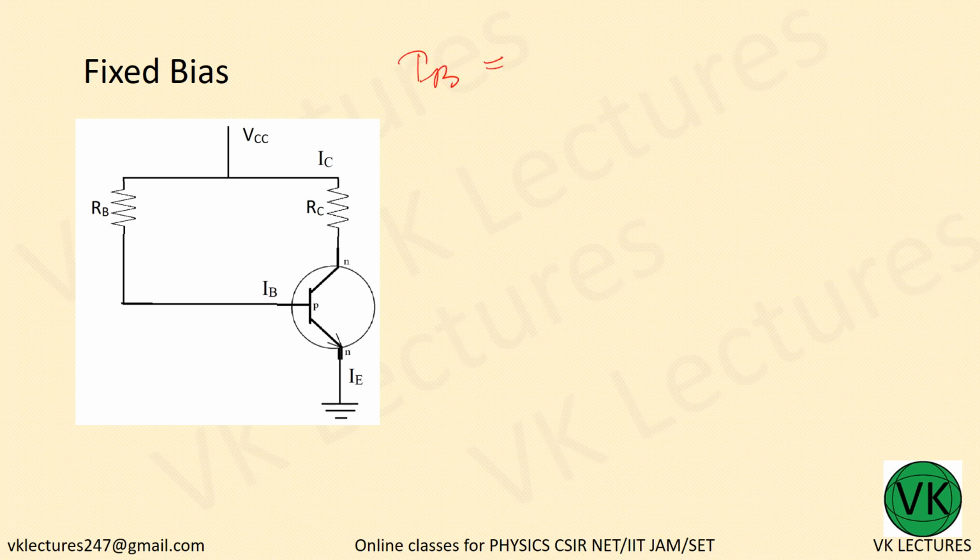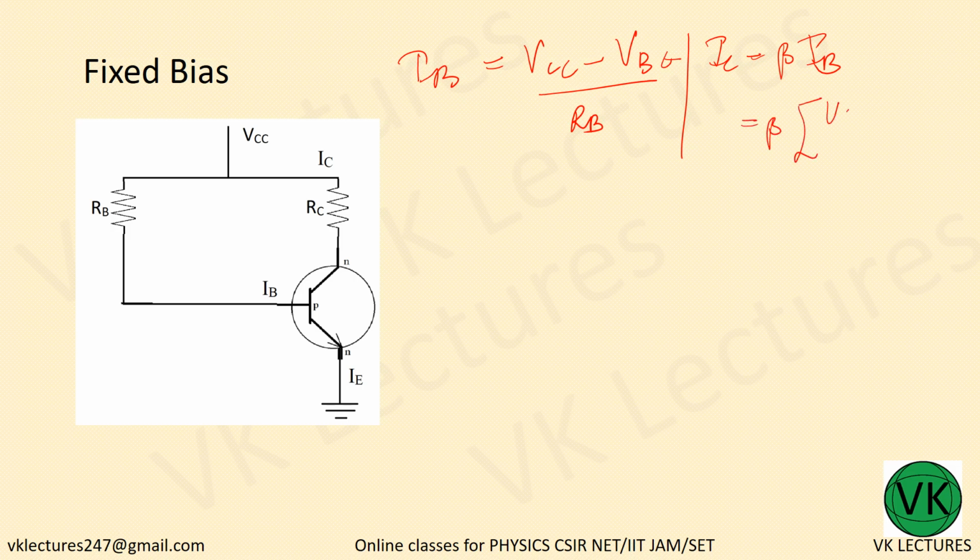IB is equal to VCC minus VBE divided by RB, right? And IC is nothing but beta times IB, so that will be equal to beta into VCC minus VBE divided by RB. That's it.